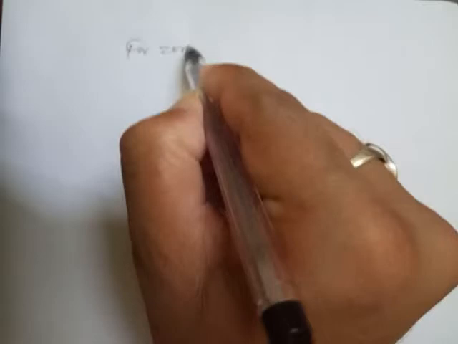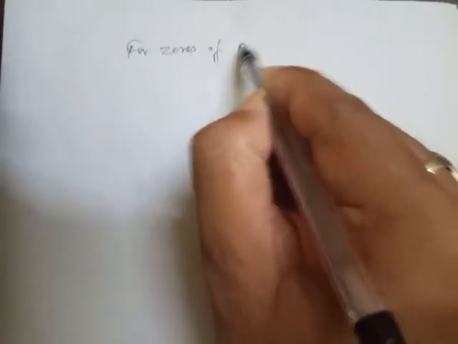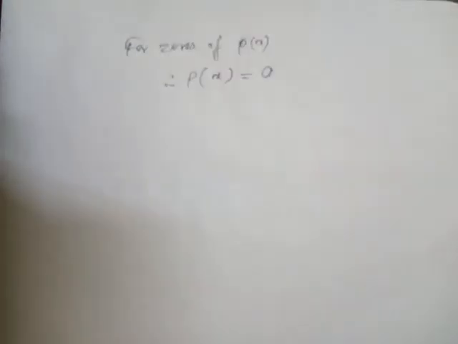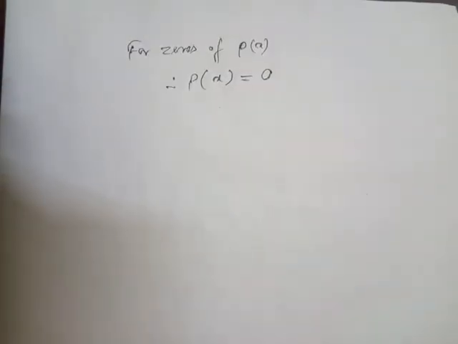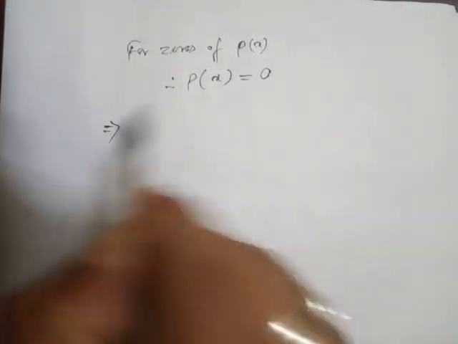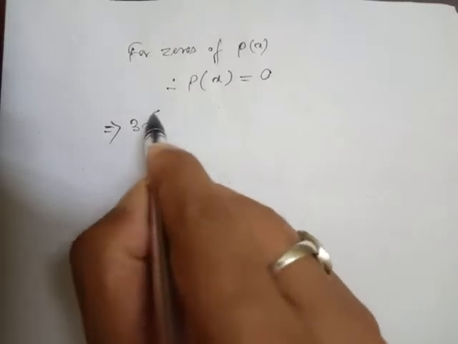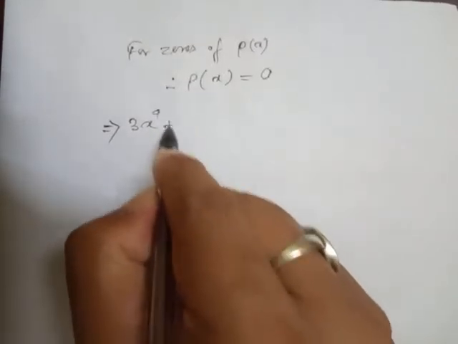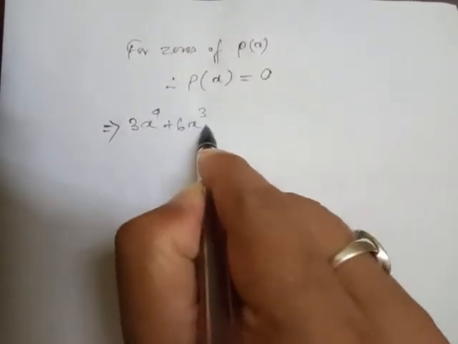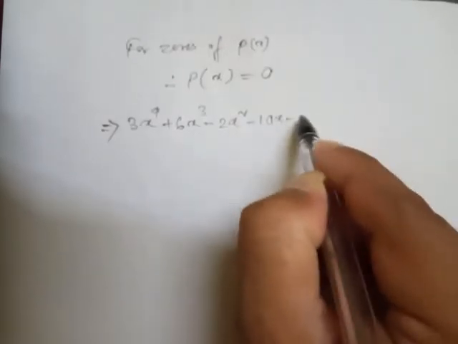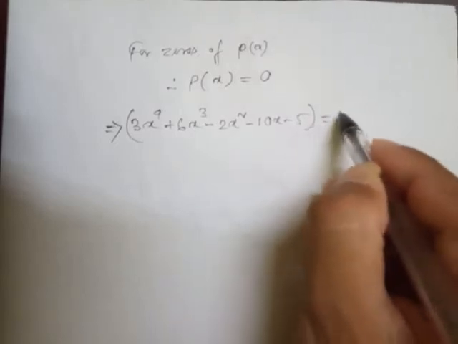Now look student, for zeros of px, therefore px equals 0. Now here the value of px, I am writing here, the value of px is 3x to the power 4 plus 6x cube minus 2x square minus 10x minus 5 equals 0.